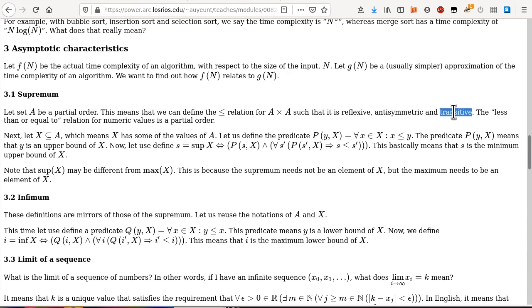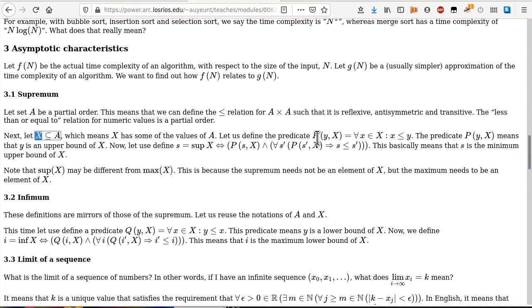But it only has to be a partial order, it doesn't have to be a total order. Then we define a subset X of A. It can be exactly the same as A, but it has to be a subset, so there are no elements in X that are not found in A. We need to establish that X is a subset.